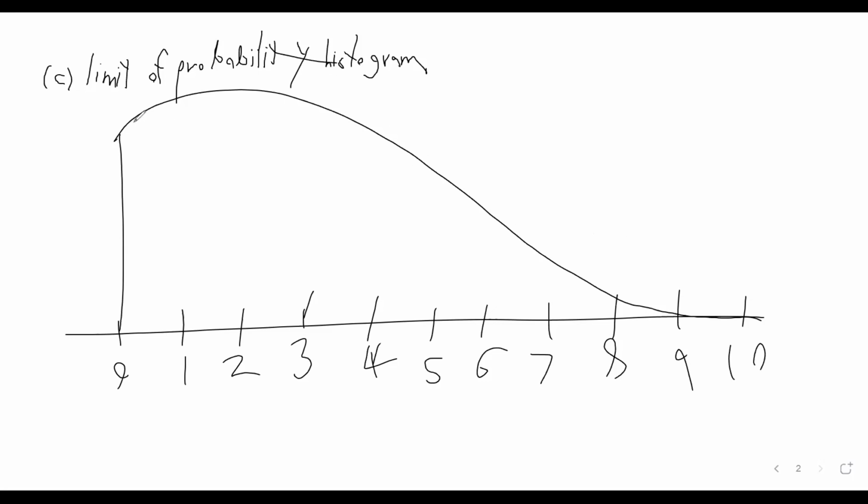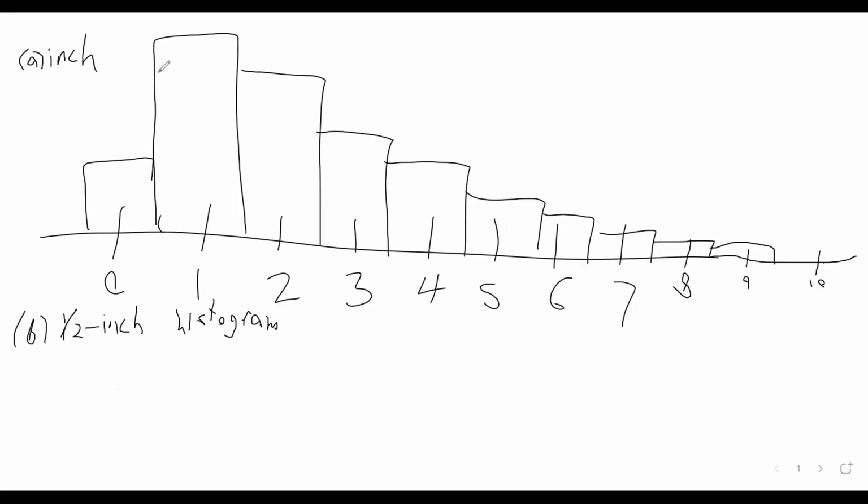Okay, so the PDF, your probability density function, the function that tells you the probability of your random variable for a continuous random variable, looks something like this. It's the limit of the PDFs of discrete random variables, right? So there would be a discrete random variable for part A, there would be a discrete random variable for part B. So as you keep rounding to smaller and smaller units, right? Inch, half inch, quarter inch, eighth inch, 16th inch.